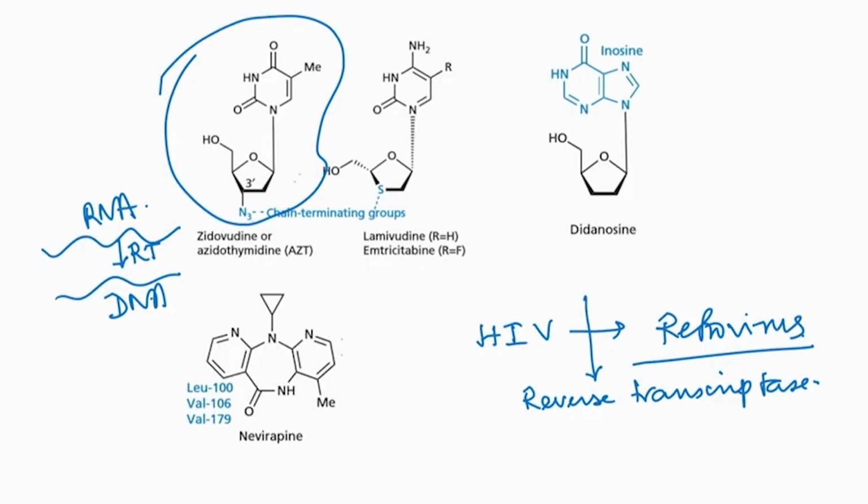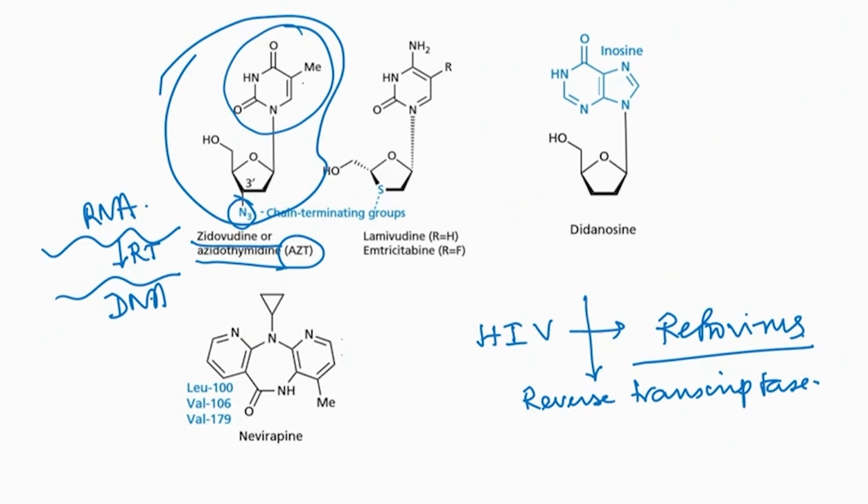The first drug that was made was called zidovudine, popularly known as AZT, azidothymidine. It has a thymine base, and it lacks the 3' OH, but it has an azide and it has the 5' OH.